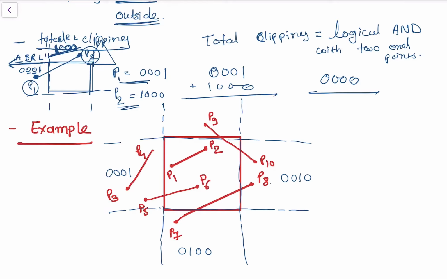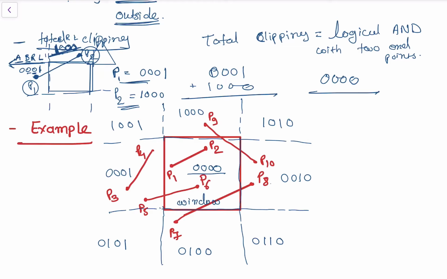Fourth one is 1 0 0 0. Fifth 1 0 0 1, then 1 0 1 0, 0 1 0 1 and 0 1 1 0. And this will be our window, so in this region all codes are 0 because this is our window.